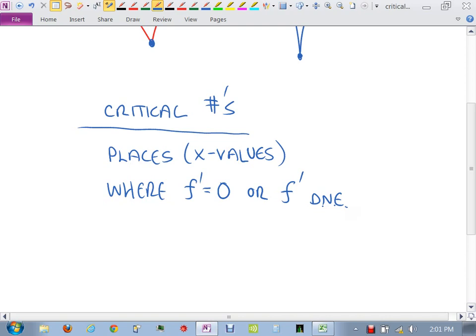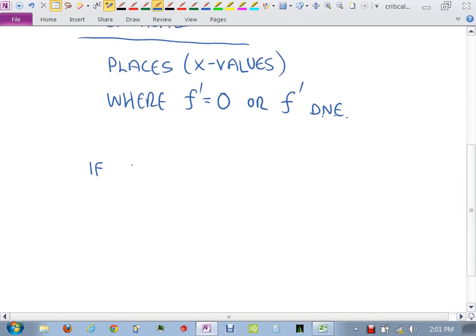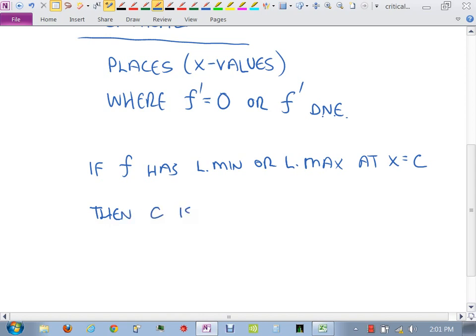And that brings us to the last theorem, which says that if f has a local min or local max at x equals c, then c is a critical number.